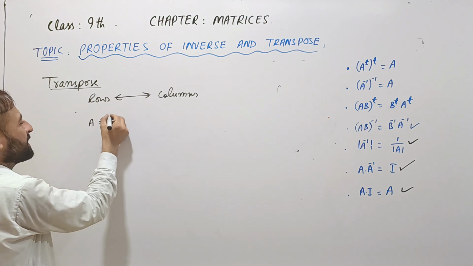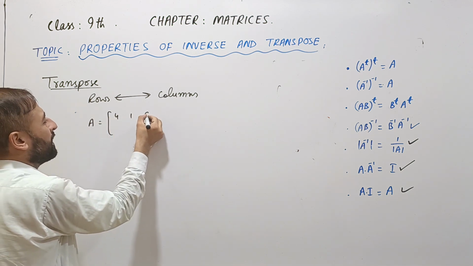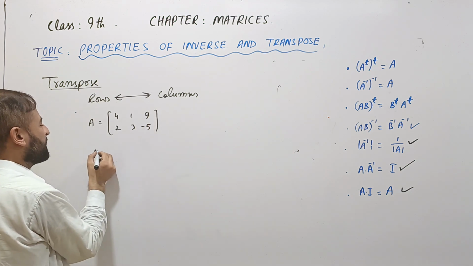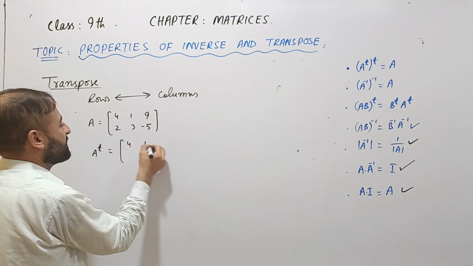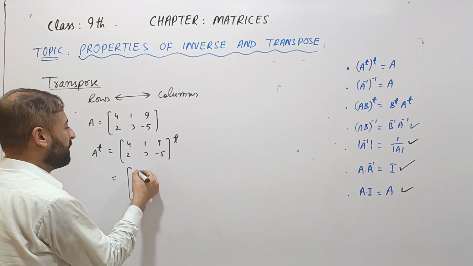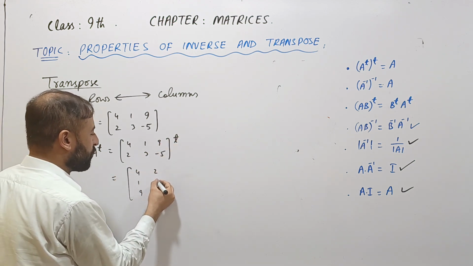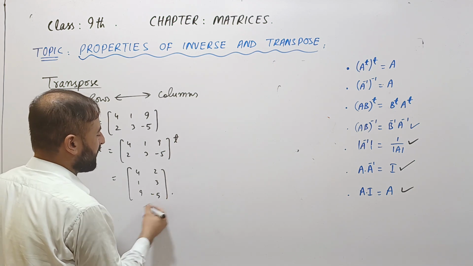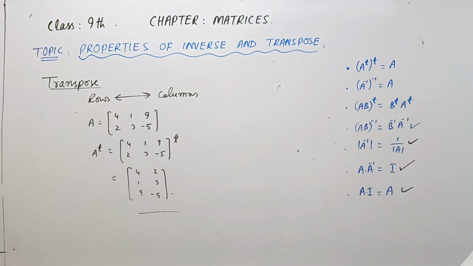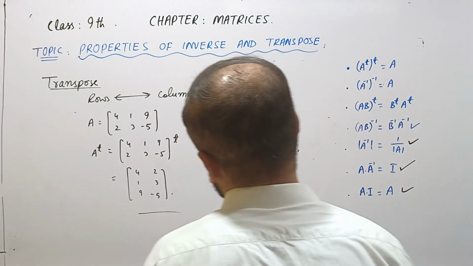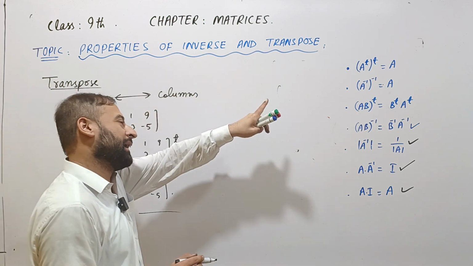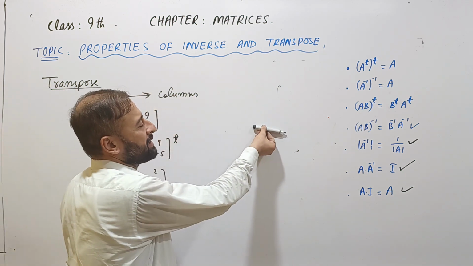For example, matrix A: 4, 1, 9, 2, 3, -5. Transpose means interchange all the rows with the corresponding columns. First row will be converted to first column and second row to second column. That's it. The property is that if you take the transpose of A transpose, you will again get A. For example, its transpose is this.